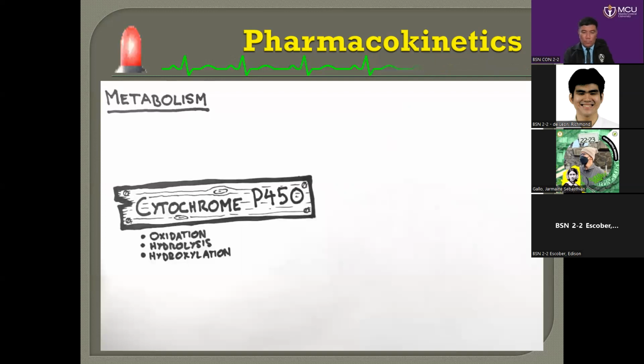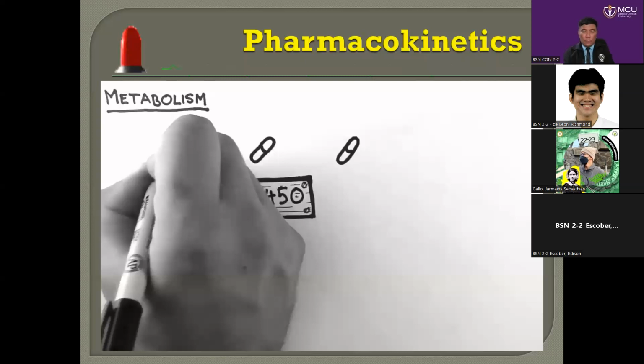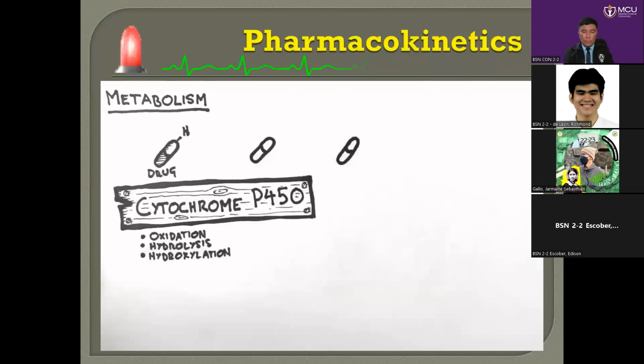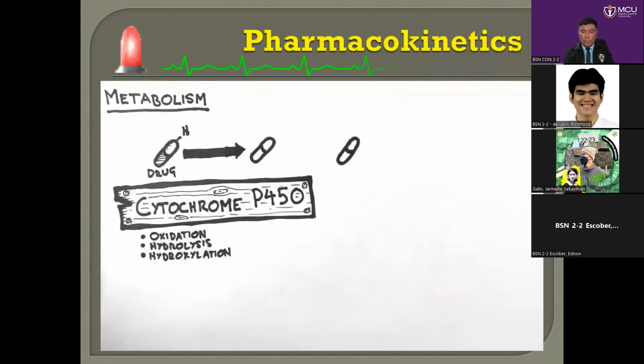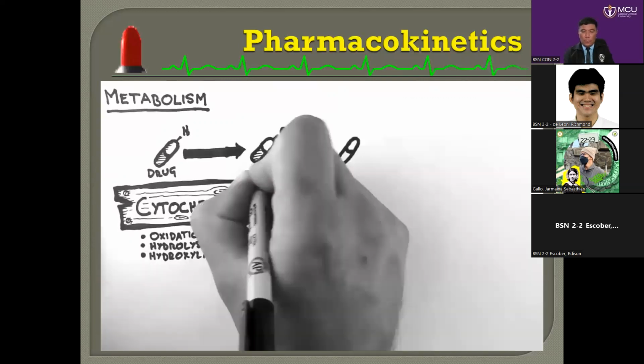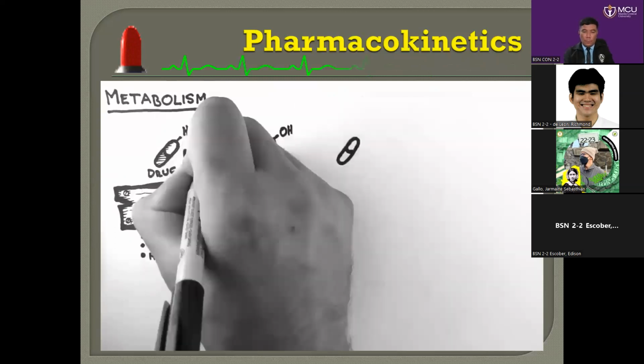So let's have a look at how this works, and I'll try and keep the organic chemistry to a minimum. Here is a drug, and this drug has a hydrogen attached to it. This hydrogen is going to be the target of our cytochrome P450 enzyme. Through the process of hydroxylation, the cytochrome P450 enzyme has turned the hydrogen into a hydroxyl group.